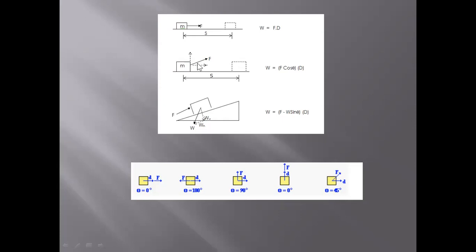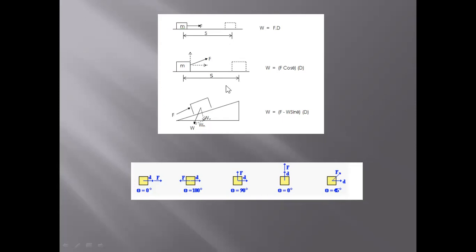To get now your horizontal force, this is your adjacent and this is your hypotenuse. So horizontal force would be equal to F cosine of whatever angle given here as theta. So to calculate now the work gives us F cosine theta, which is your horizontal component of force, multiplied with the distance or displacement D.